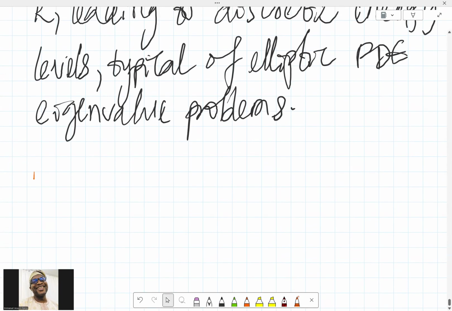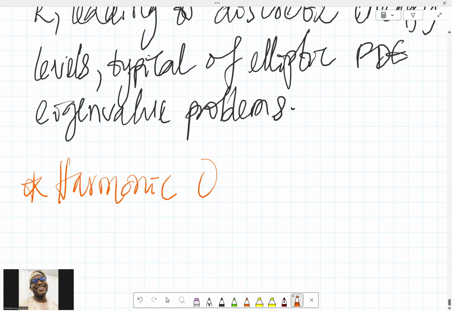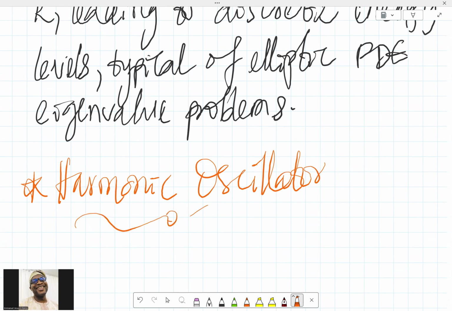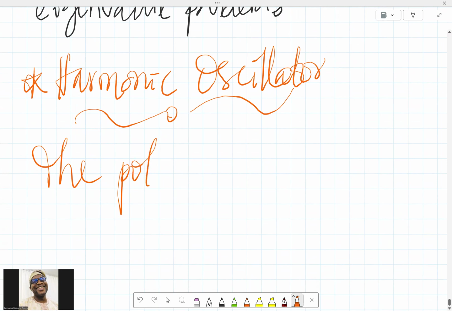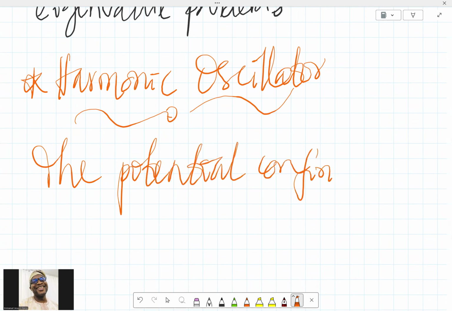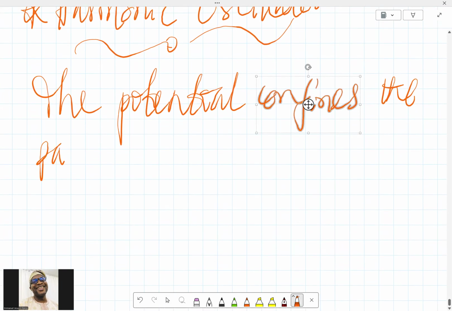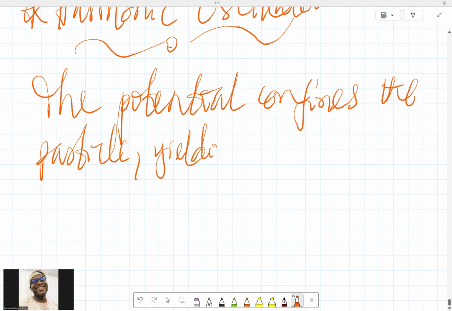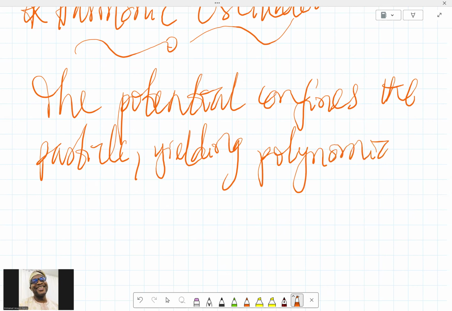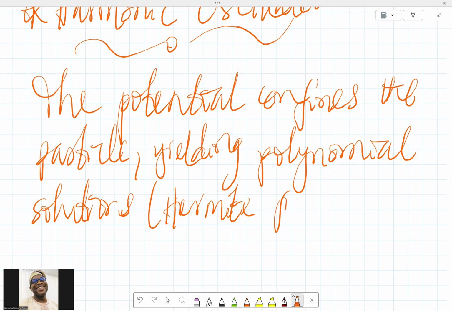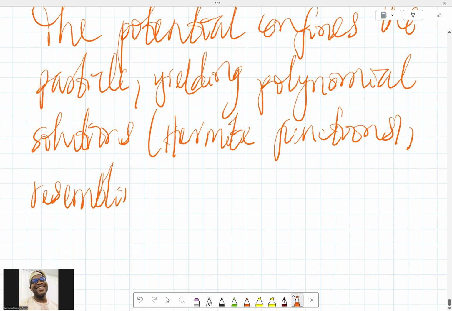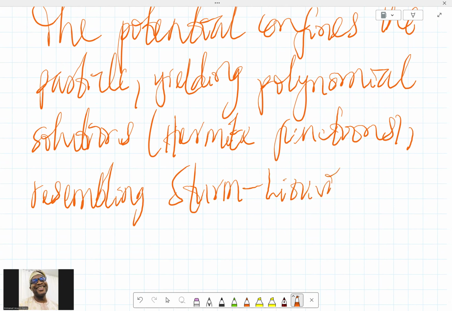And then we talk about the harmonic oscillator. The potential confines the particle, yielding polynomial solutions, or Hermite functions, resembling Sturm-Liouville problems.